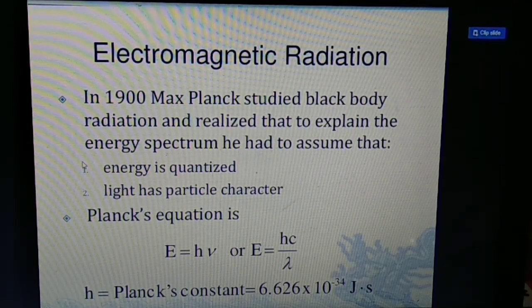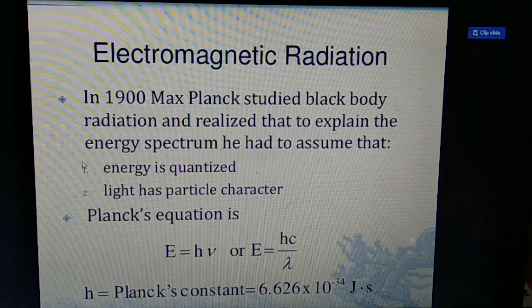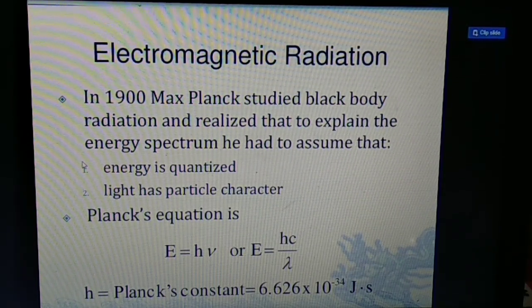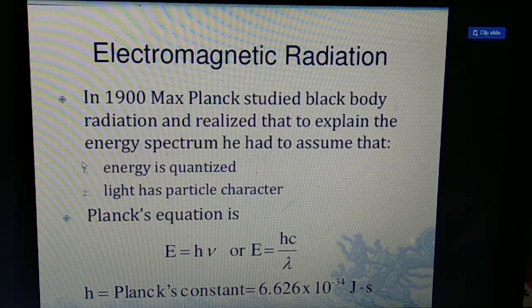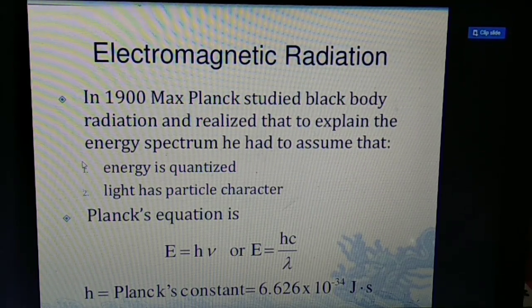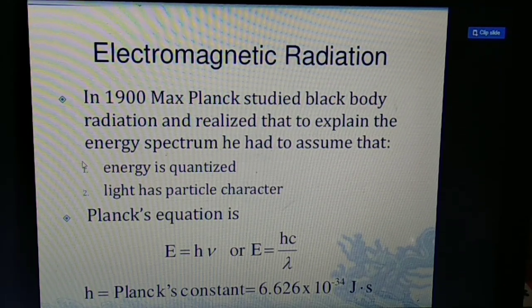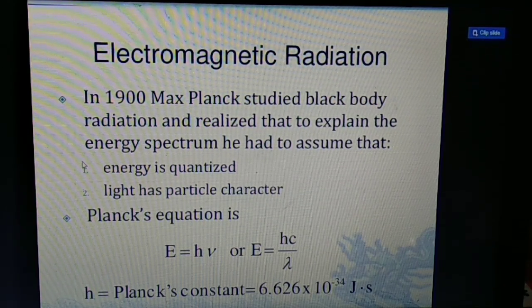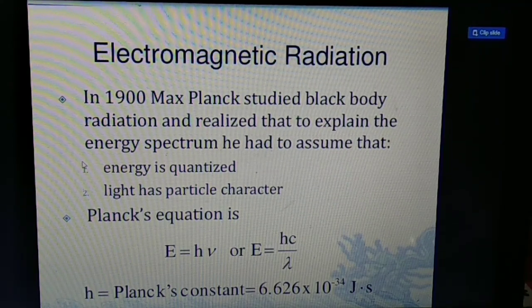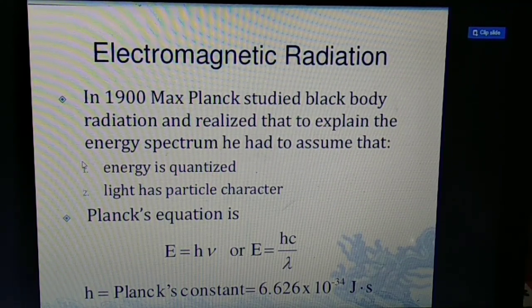But according to Planck's quantum theory, the energy of the light is equal to h into nu, where h is the Planck's constant and its value is 6.626 into 10 to the power minus 34 joule into second. So electromagnetic radiation is the oscillation of the electric field and the magnetic field.